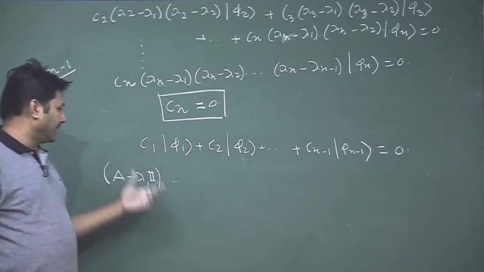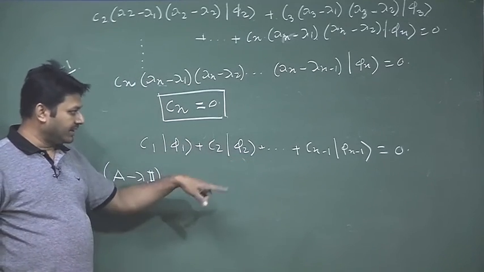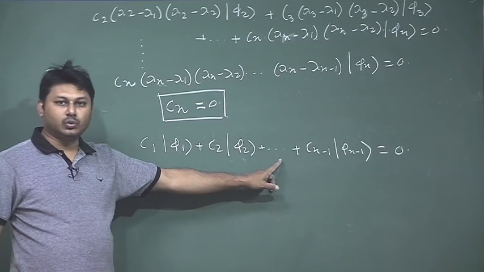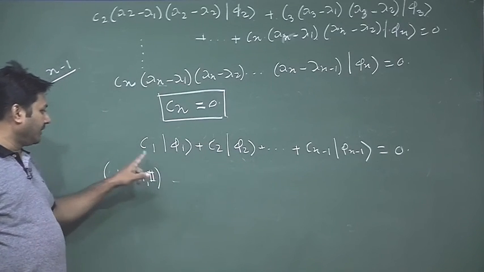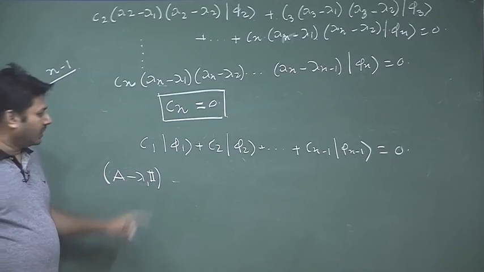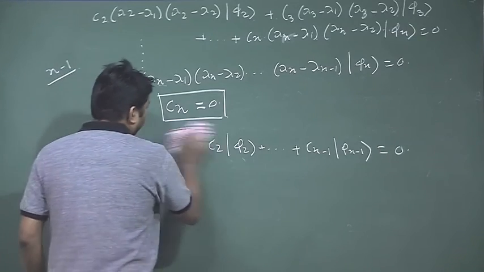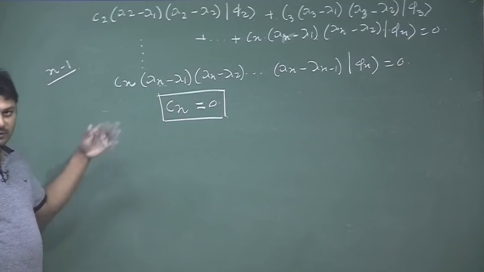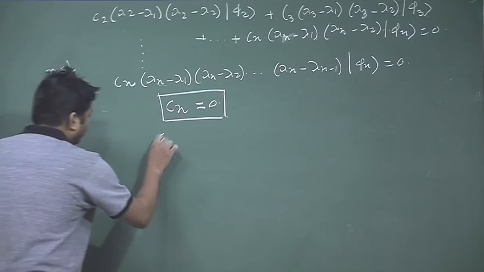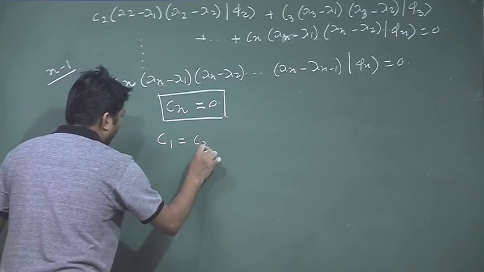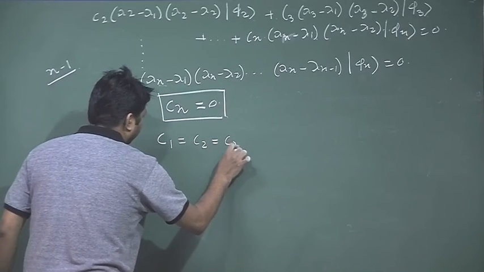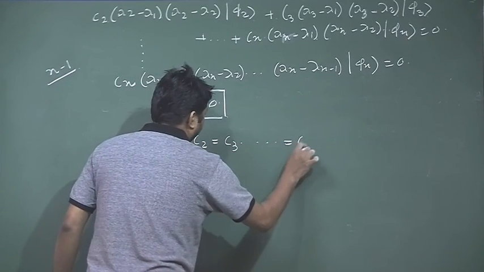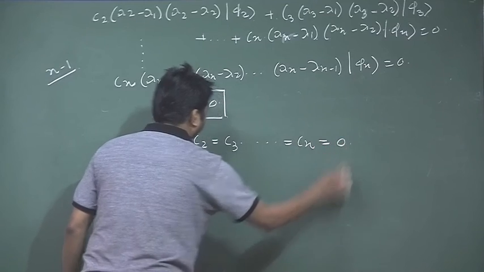Then again I have one equation and do the same thing, I find Cn−2 is equal to 0, and gradually I find C1 is 0. So with this operation repeated, I can show that C1 = C2 = C3 = ... = Cn = 0.